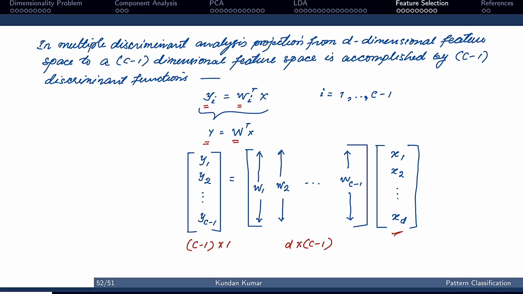So it has the dimension D cross 1. Here this is basically the transpose, so that this will become a c minus 1 by D matrix. So, this and this will be multiplied, and it will satisfy the dimensionality requirement for multiplication.